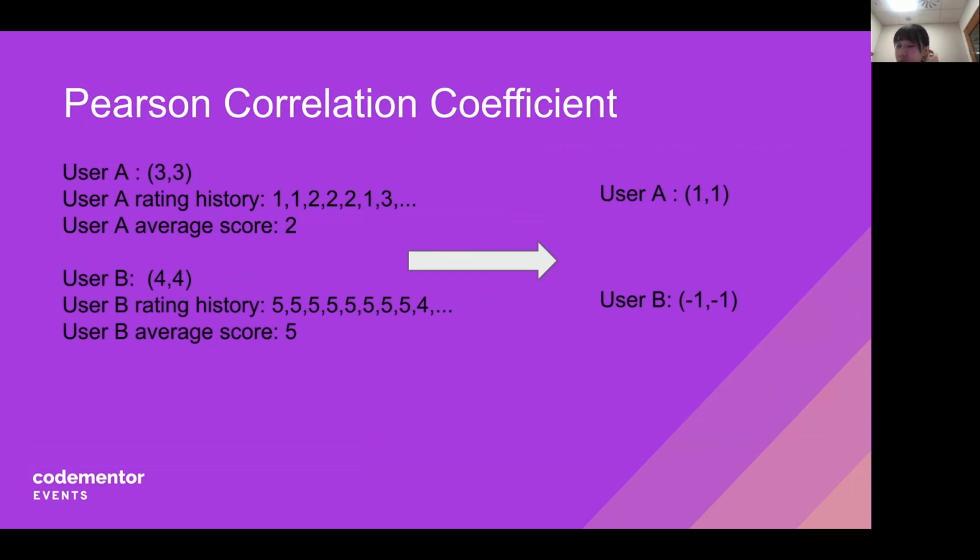But what if different users have different rating scales? For instance, user A rates two movies at 3, 3 and user B rates them at 4, 4. User A has a quite strict rating scale.